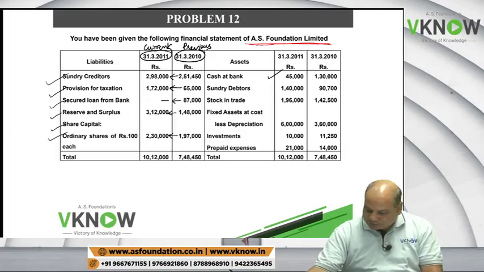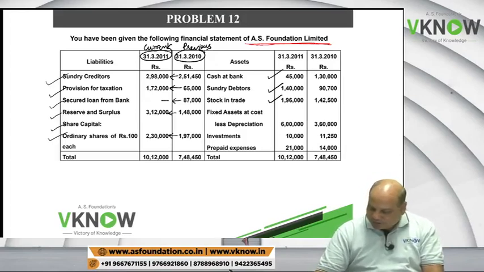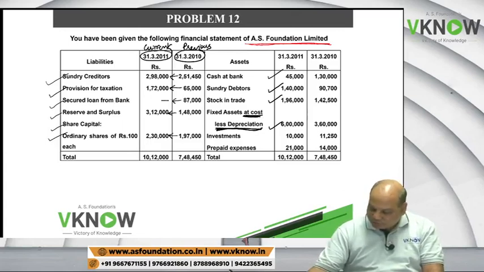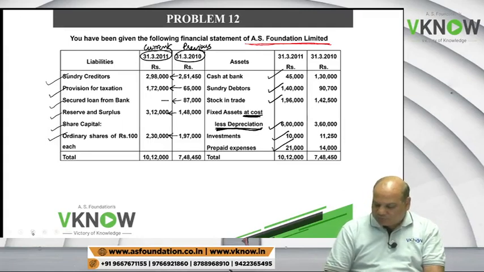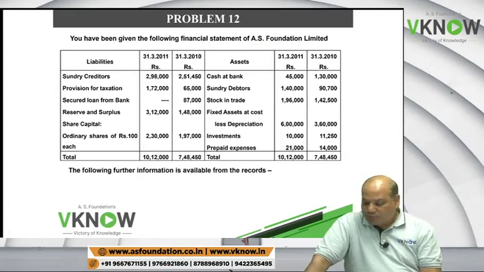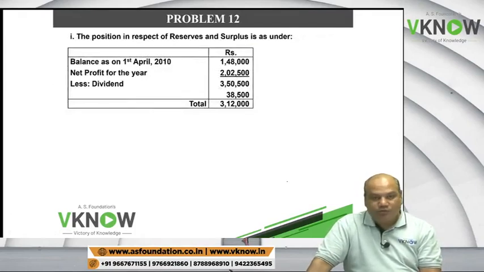Cash at bank, debtors, stock in trade, fixed asset at cost less depreciation. So this is WDV. Investment, prepaid expense. Any query on the balance sheet?